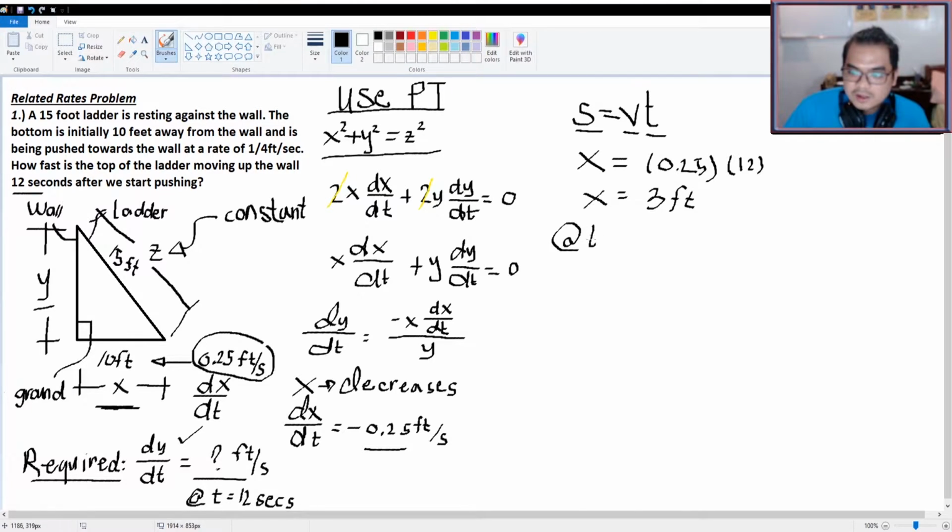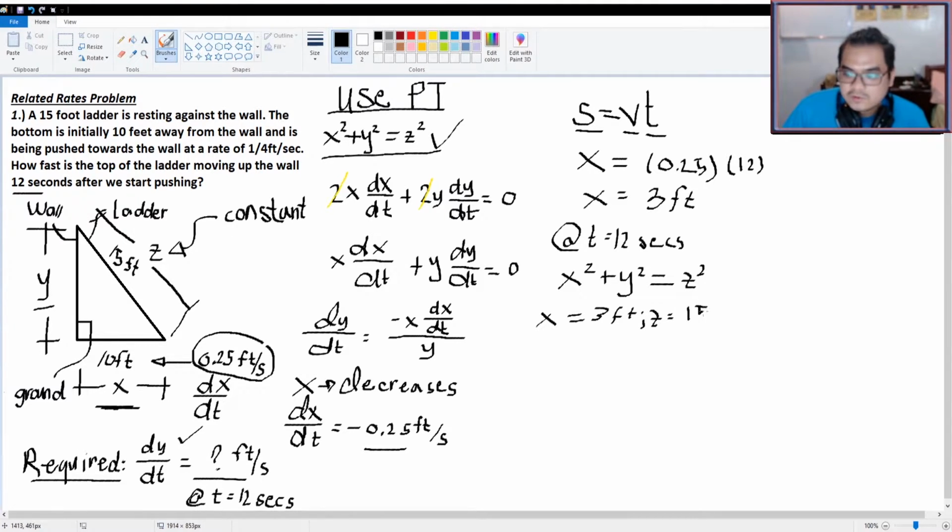Remember that at t equal to 12 seconds, going back to the original formula, x equals 3 feet, and z is constant, so that is still 15 feet.